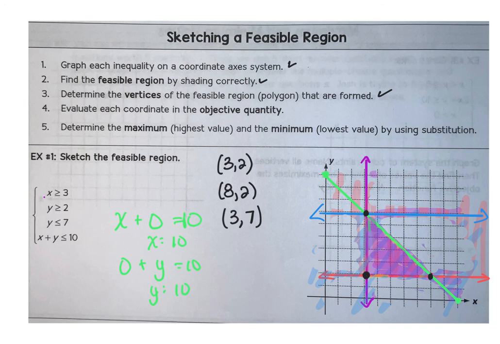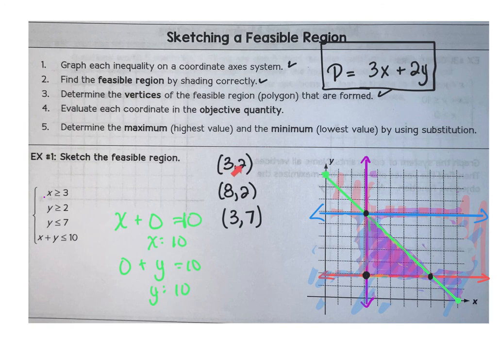So my objective function here, we'll just create an objective function for this one so that we have something to test it in. Objective function, find the maximum and minimum value here. So if this was my objective function, I would take those x and y's and plug them in.